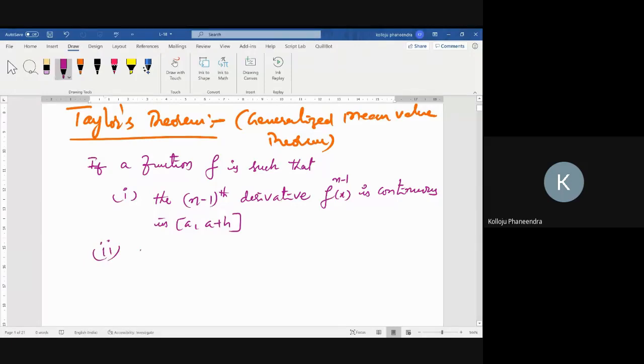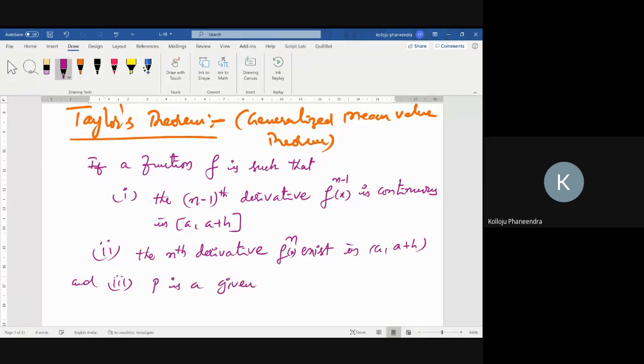And second condition, the nth derivative f^n(x) exists in the open interval (a, a plus h). And third point, p is a given positive integer.